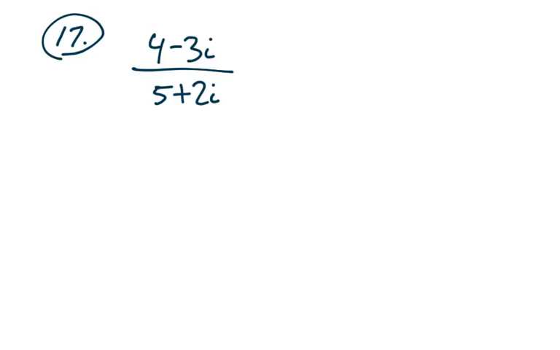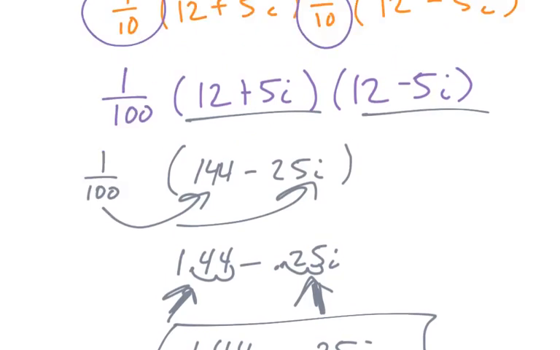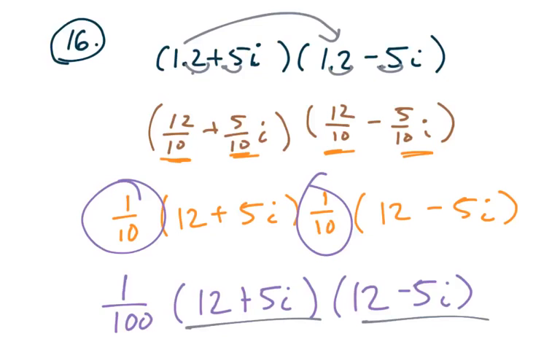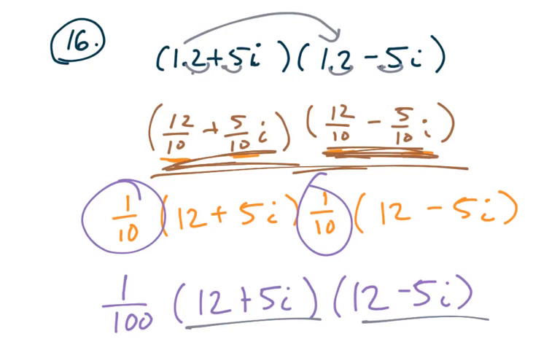Cool beans. All right. 17 and actually 18 are the last situation we could see. In both of these situations, there is a new process where we call it multiplying by the conjugate. The nice thing about multiplying, this is actually what we did here. If this was the term, we multiplied by this, which is the conjugate.